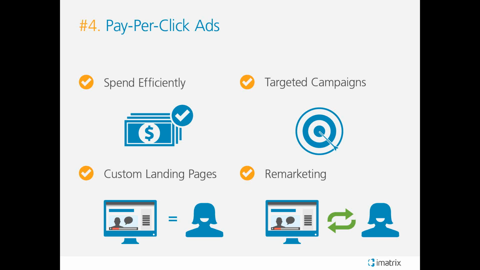Every time someone clicks on the ad for that term, whether it's car accident attorney, attorney, or lawyer, it'll charge the lawyer $10 for that click, whether the person fills out the form on the landing page or not.